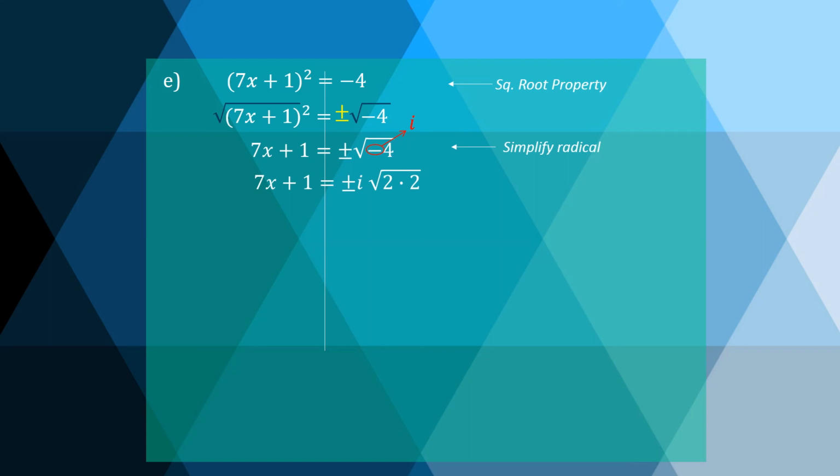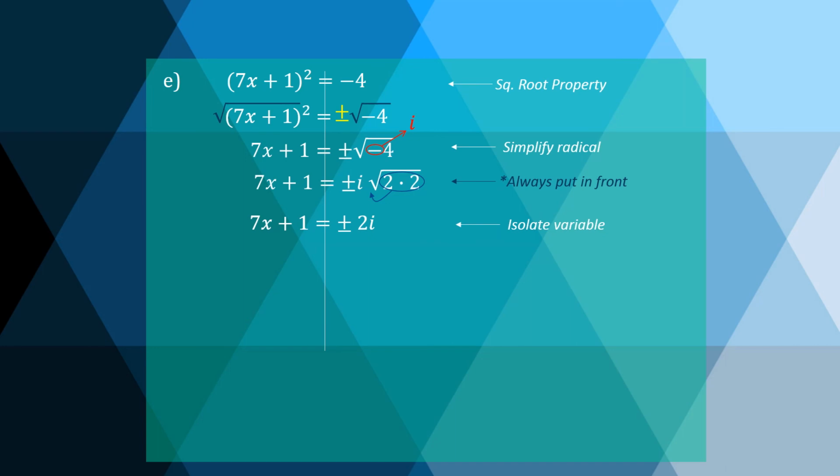Now under the radical, notice we do have a set of 2's, which come out immediately in front. And since we've pulled everything out, the radical is now removed. And we have 7x plus 1 equals plus or minus 2I.